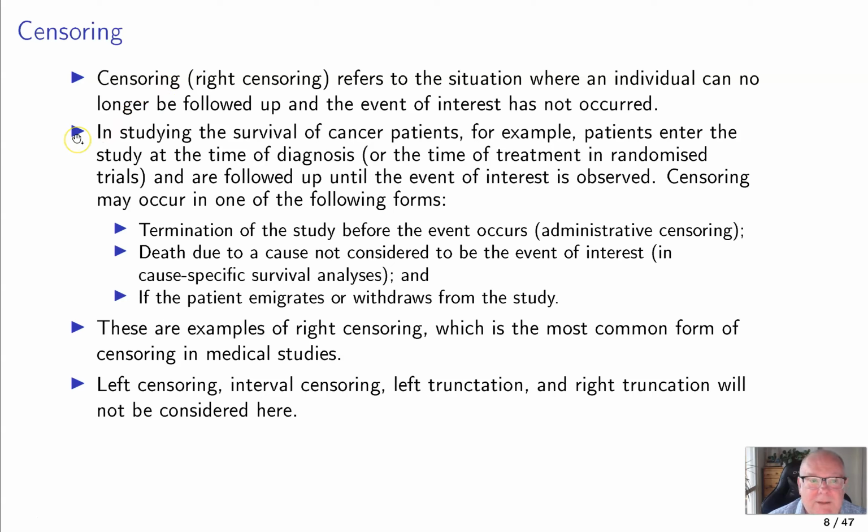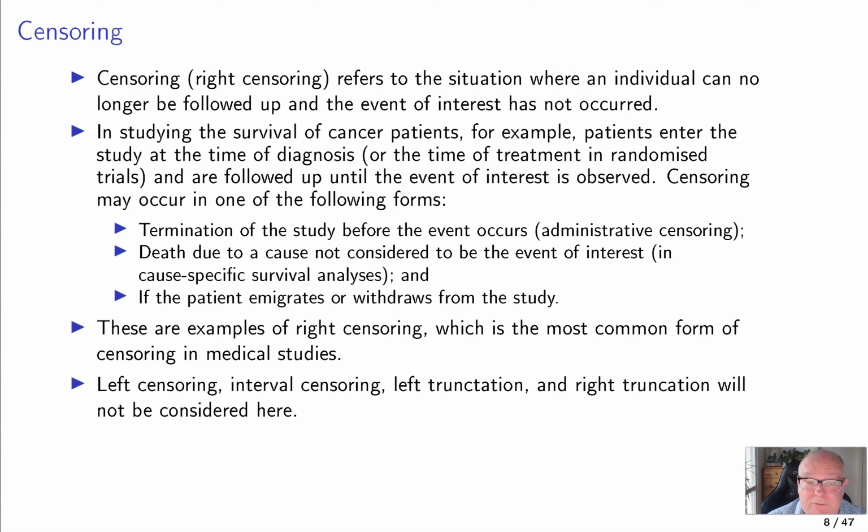So, for example, if we're studying the survival of cancer patients, then the patients enter the study at the time of diagnosis or the time of treatment in randomized trials, and we'll follow them up until the event of interest is observed. Now, censoring might occur for one of the following reasons. Firstly, termination of the study. We have to stop the collection of data and analyze the study.